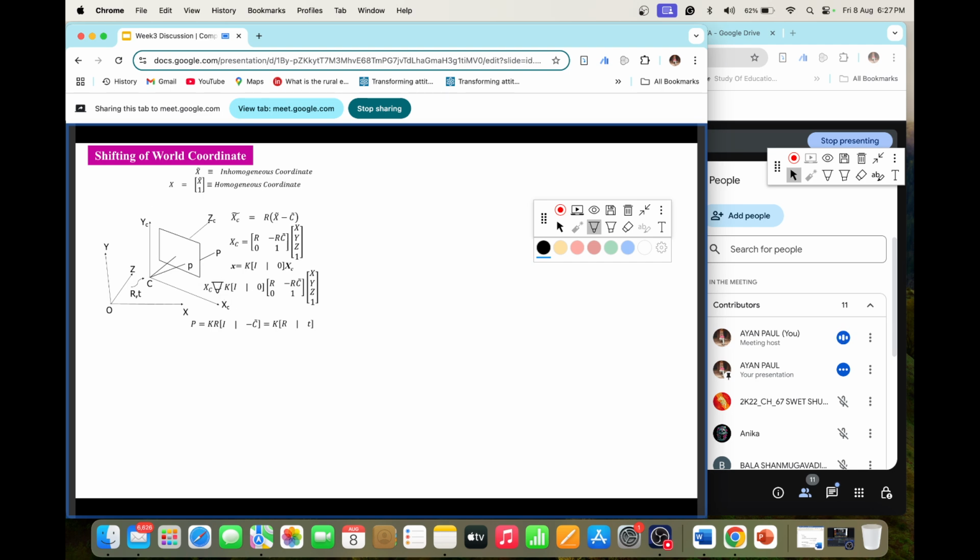Now we are changing the world coordinate to this. What we are doing to the world coordinate is giving it a translation, and we are also giving it a rotation. So again I am repeating, earlier this was our principal plane, but now this is our principal plane. That means we have given some translation and some rotation to it, right?